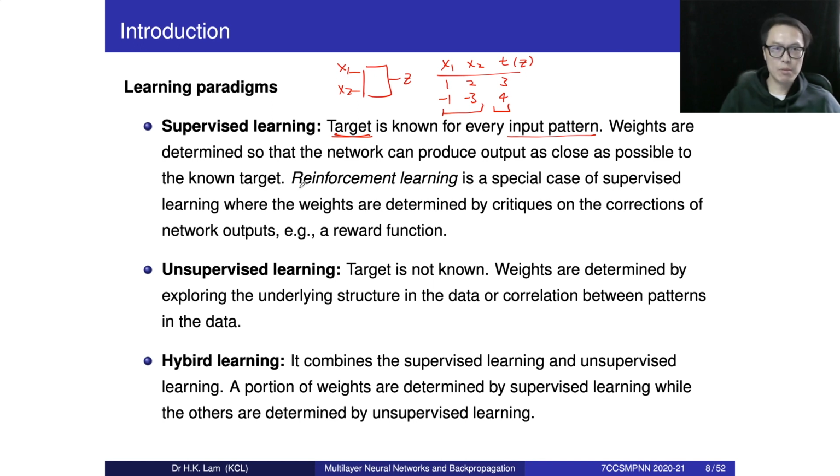Another special type of supervised learning is reinforcement learning. In reinforcement learning, we do not particularly provide the target output. For example, when we are playing tic-tac-toe, the computer plays O and the player plays X, and we ask whether we can use the neural network to learn my behavior, or the behavior of the computer.